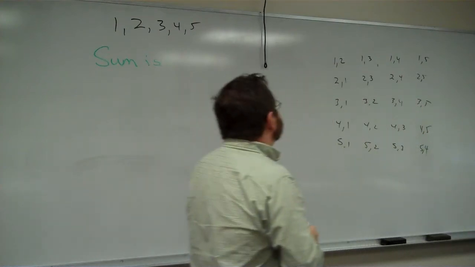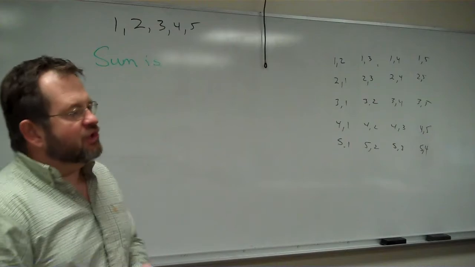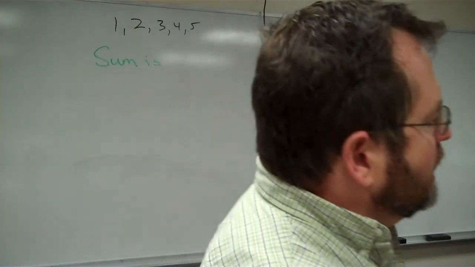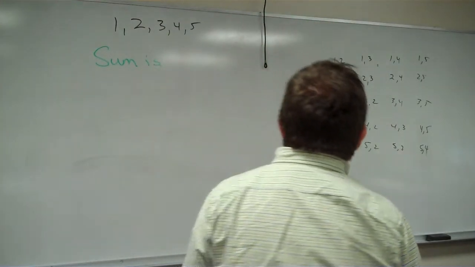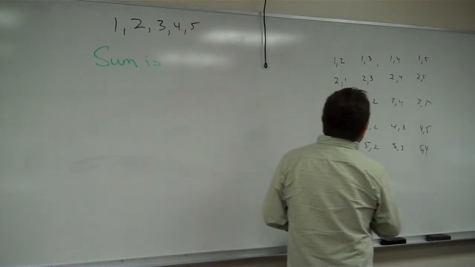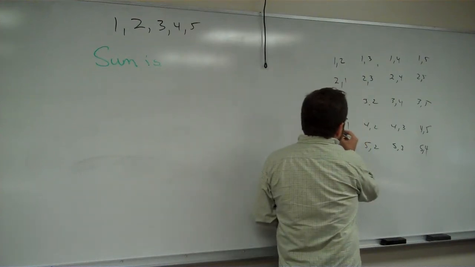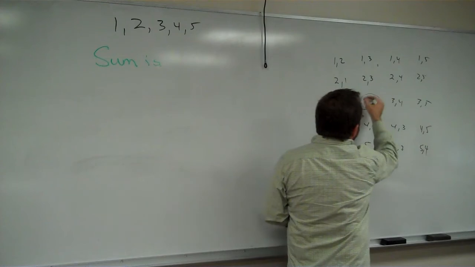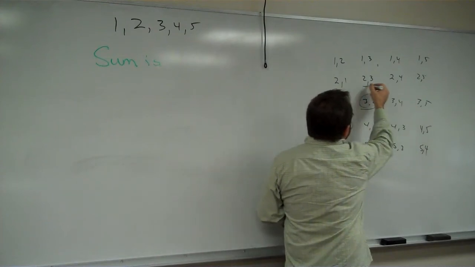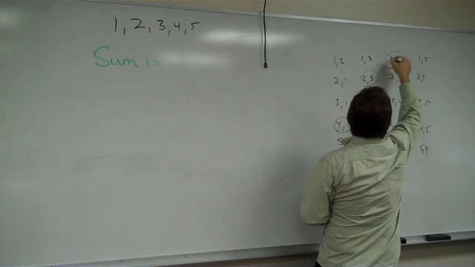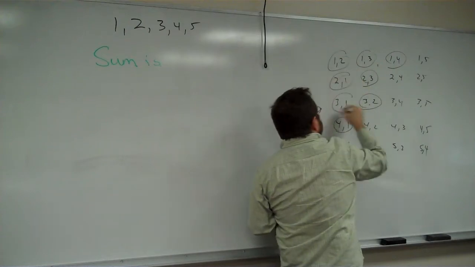We need to find all the combinations we could have drawn that would lead us to a sum of 5 or less. Just looking across on here, here's a 5, here's a 5, here's a 5, and here's a 5. And in fact, it's any of these.